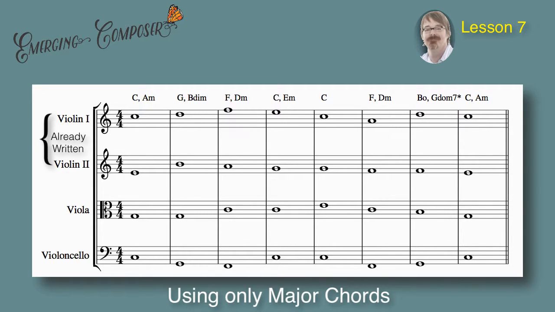So the first measure, I called it a C. Next measure, I decided I was going to use a G chord. And then next measure is going to be an F. Then a C on the fourth measure. C once again on the fifth measure. I went to an F on the sixth, right? 1, 2, 3, 4, 5, 6. And then I went to a G chord.